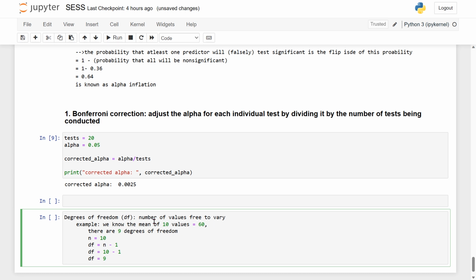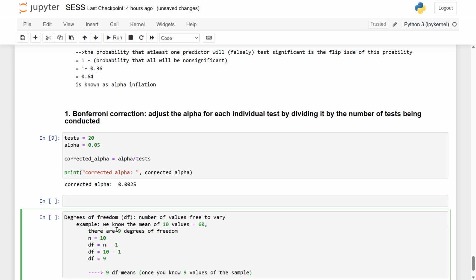Once you know 9 of the sample values, the 10th can be calculated and is not free to vary. That's the actual meaning of degrees of freedom. So 9 df means we know only 9 values of the sample.